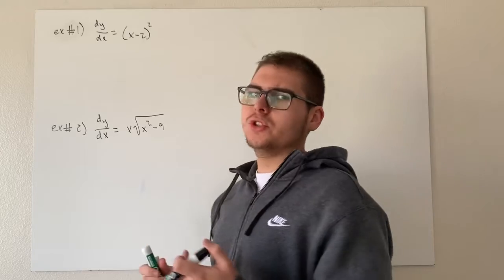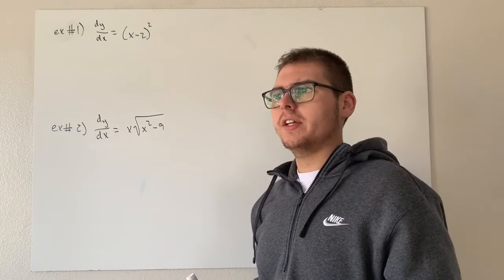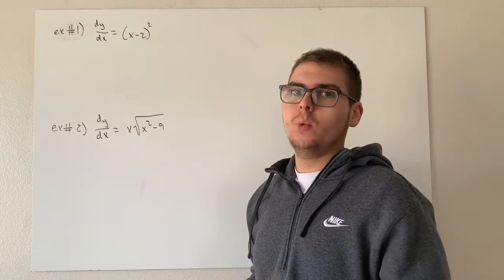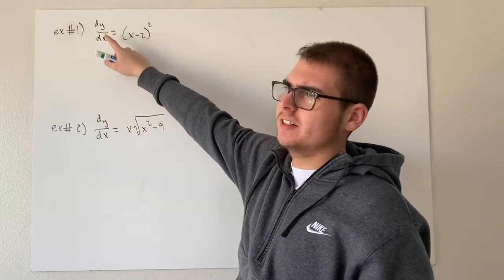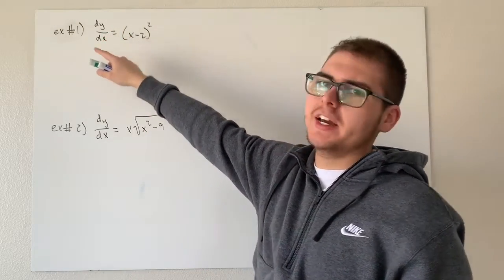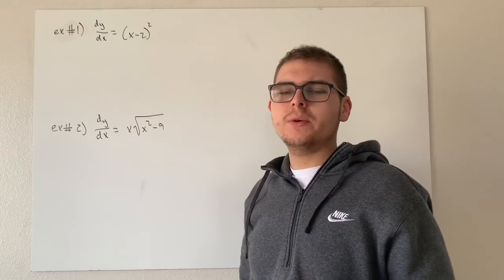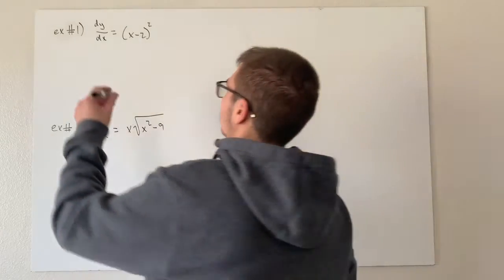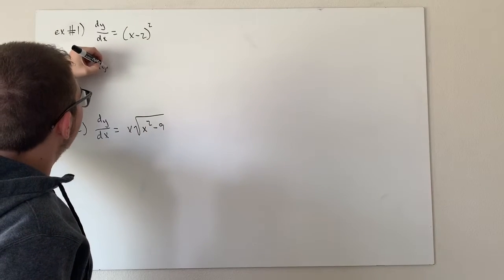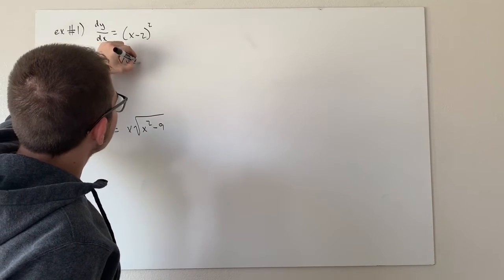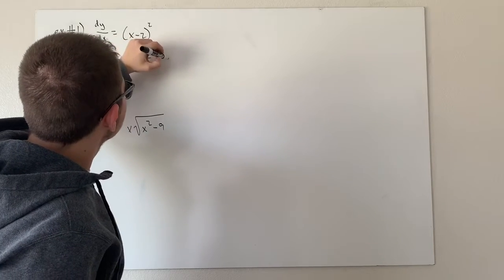We know that a solution to a differential equation looks like a function in terms of y equals something. Well, the only y I see there is kind of anchored by this dy/dx. So a way I can make this a little more simple is to multiply both sides by dx. So I could say dy equals (x minus 2) squared dx.